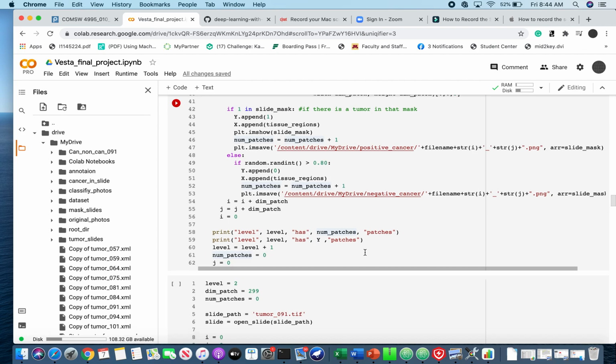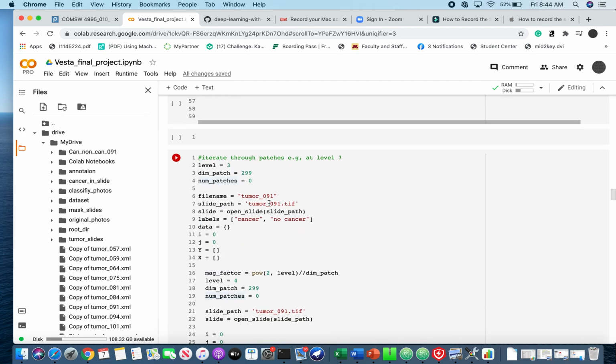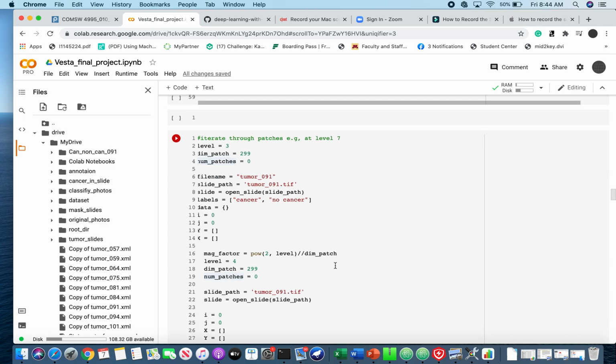So this code that I did, I started first with the 91 tumor and 0.91, and I created a list to get the labels where I have cancer and no cancer, and I used the mask factor, like two times the level, that is each down sample level.